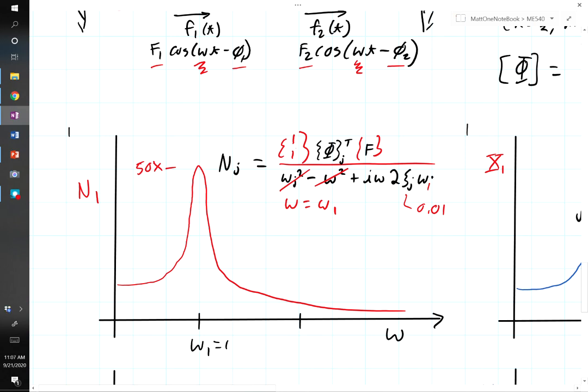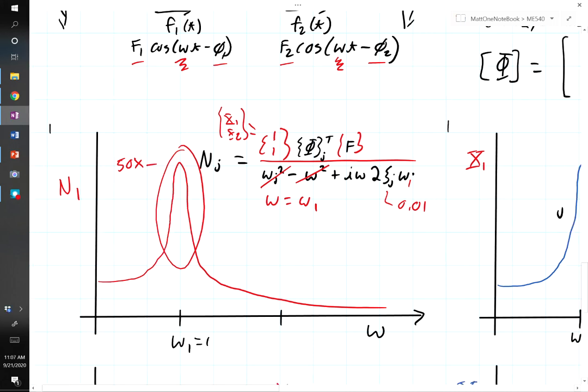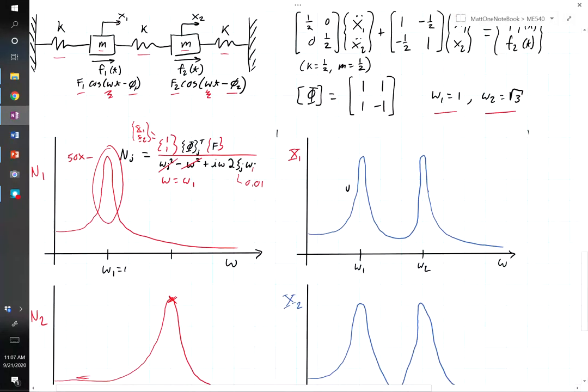And this will get us into physical coordinates. And when we do that, then we're going to get this same peak here repeated 2 times, each multiplied by 1.